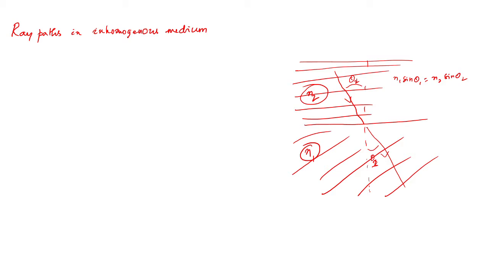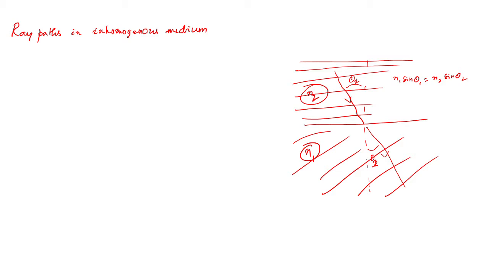So now what we are going to look at is a case where the index of refraction is not constant, it is inhomogeneous, it is changing.